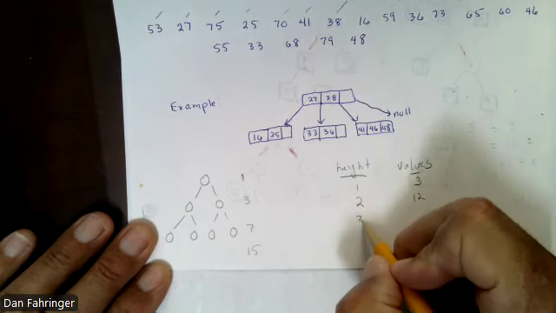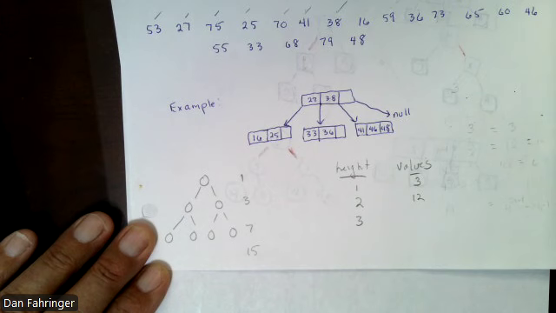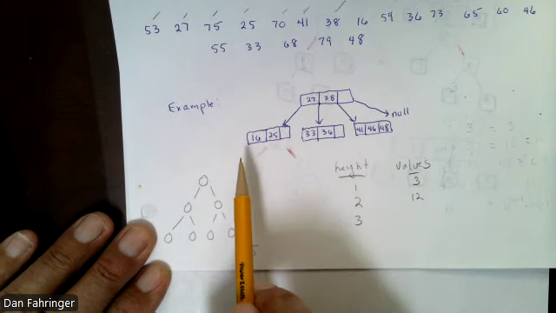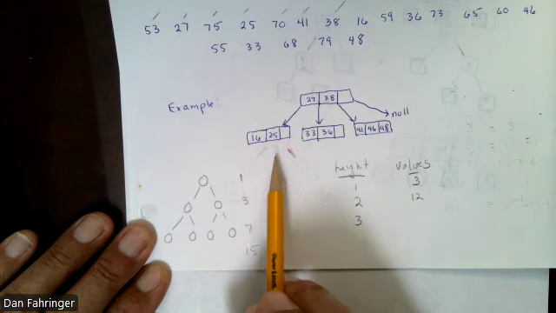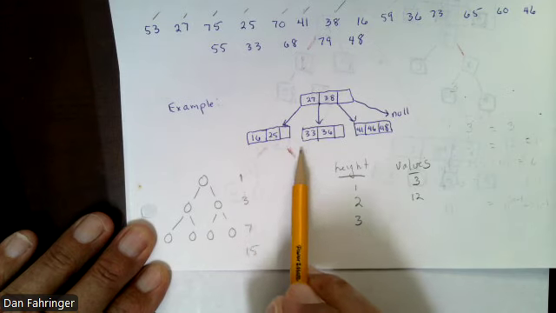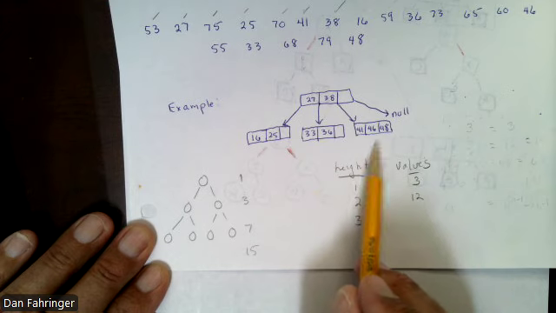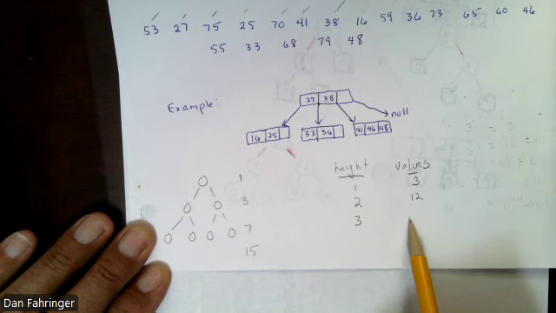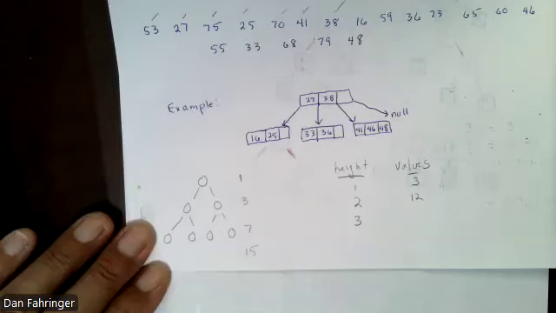If I have a height of 3, I'm going to get 3, 6, 9, 12 out of that one, 12 out of that one, and 12 out of that one, and 12 out of that one. What number goes here? There's 48.